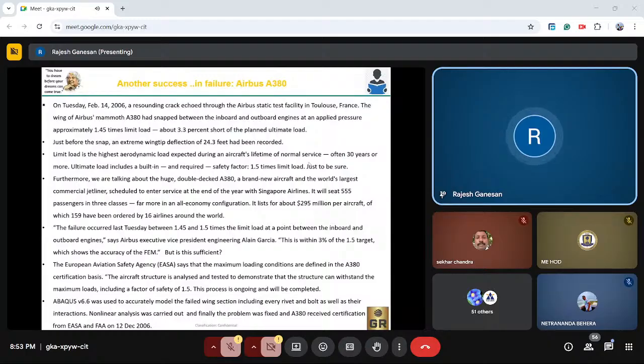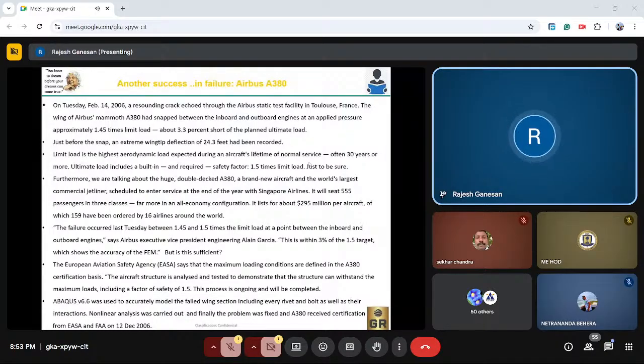So you can see here, on Tuesday, February 14, a resounding crack echoed through the Airbus static test facility in Toulouse, France. The wing of the Airbus had snapped between the inboard and outboard engines at applied pressures approximately 1.4 times the load limit.